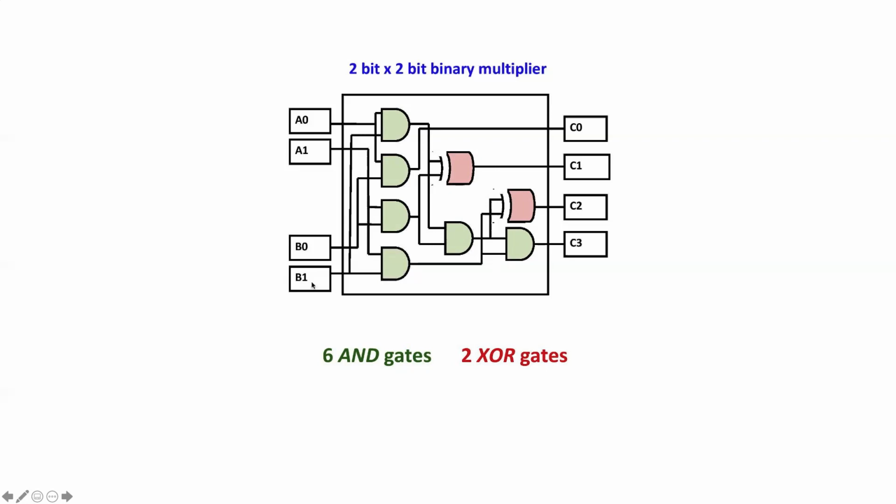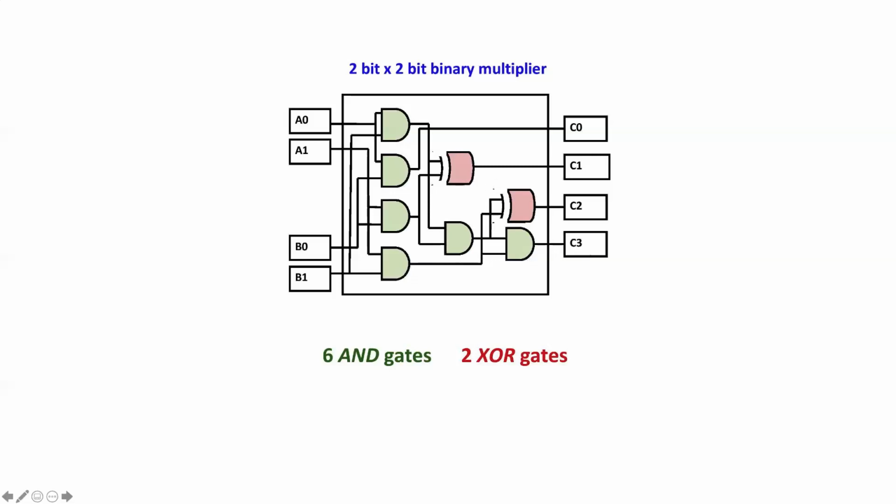One of its inputs is B1, the high order bit of B, and tracing back, its other input is A1, the high order bit of A. This end is its output. Its output doesn't go straight to one of the output bits, but it gets used as input to a couple of other gates. All of these green ones are ANDs. So if this circuit works, it looks like we're using 6 AND gates to implement a multiplier.